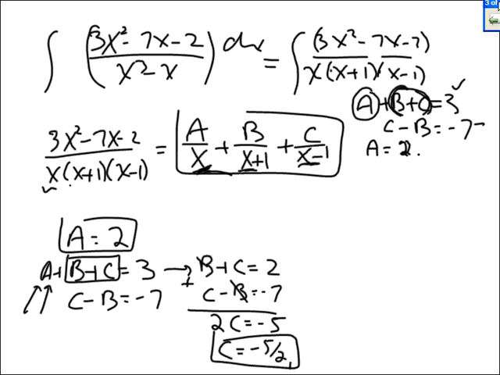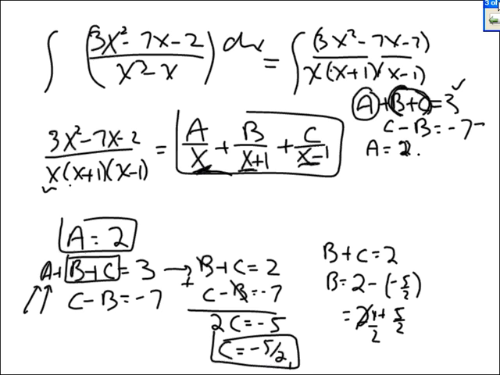And I know that b plus c is 2. So b is 2 minus c. But c is negative 5 halves. So you have 2 plus 5 halves. 2 is the same as 4 halves. When you add 5 halves, you get 9 halves. So now we have b and c and a.